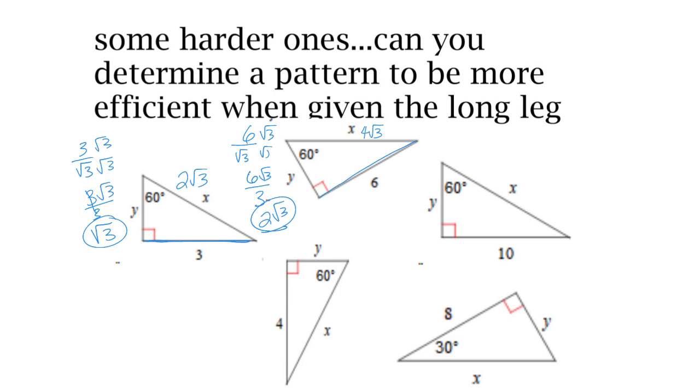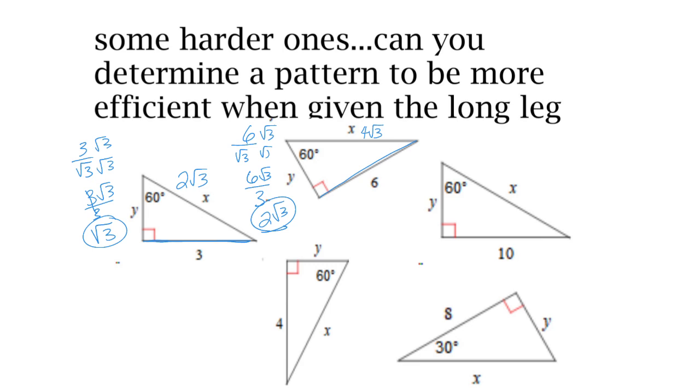All right, so let's see if we can figure out a shortcut to this. In this process, every time I divide by root 3, I end up rationalizing. In the process of rationalizing, I always end up with a 3 in my denominator. Right here, I had a 3 in the denominator. And in the process of rationalizing, that root 3 has landed on the top. So how about if we just do that?